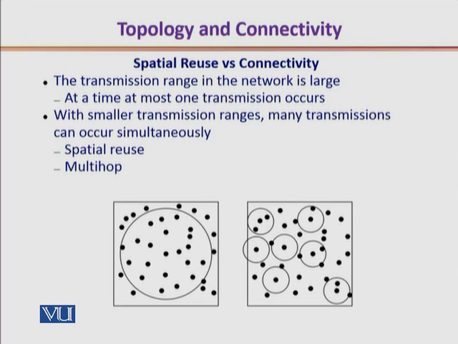And we are also able to use simultaneous transmissions and receptions, also known as spatial reusability. For that, we need multi-hop communication, because maybe two nodes are not directly within the radio range, so they need to transmit and receive from each other using intermediates, or multi-hop communication.